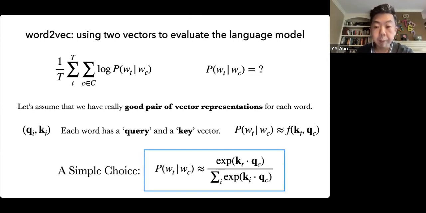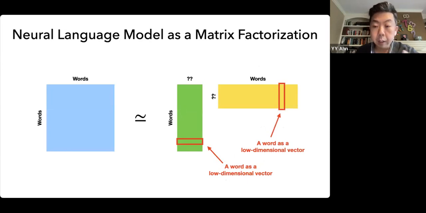You simplify this language model into the skip-gram model, and then use this softmax function and two vectors to approximate this conditional probability. And you can also think of it as matrix factorization.